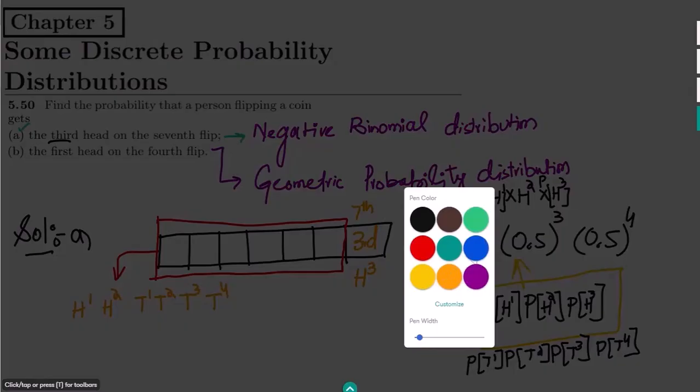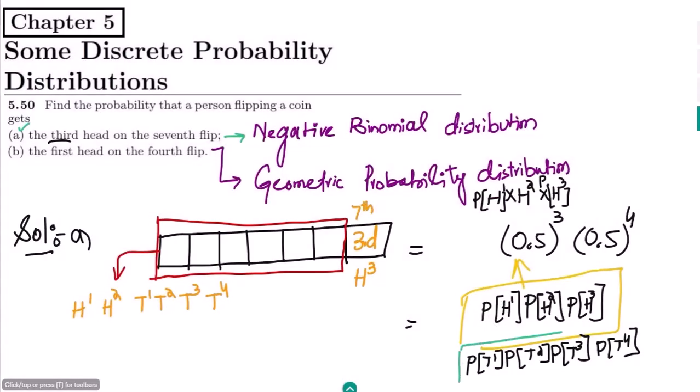Taking them and multiplying them together, we get this one. So this is for this specific combination.